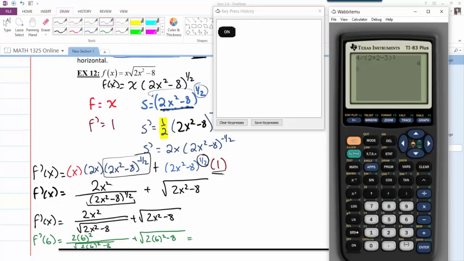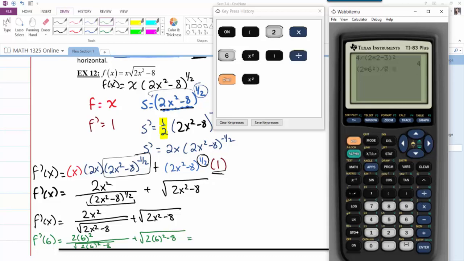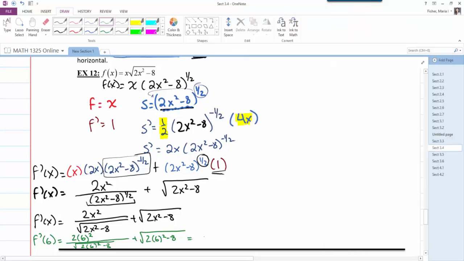We have parentheses for my numerator, 2 times 6 squared, close the parentheses for my numerator, divided by square root of 2 times 6 squared minus 8. And then we need to add that to the square root of 2 times 6 squared minus 8. Hit enter, and I end up with 17. So the slope of the tangent line is 17.